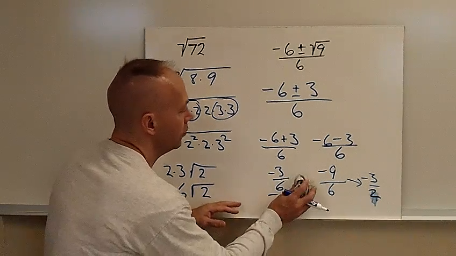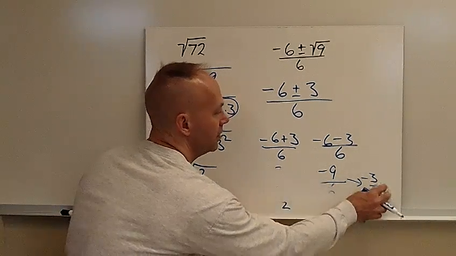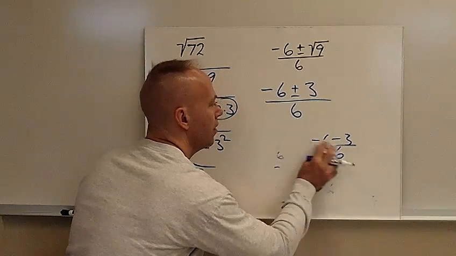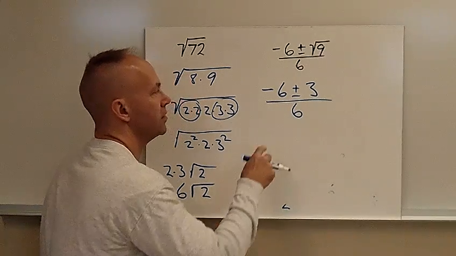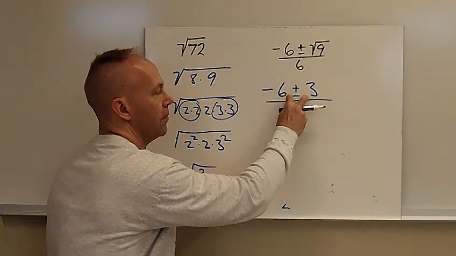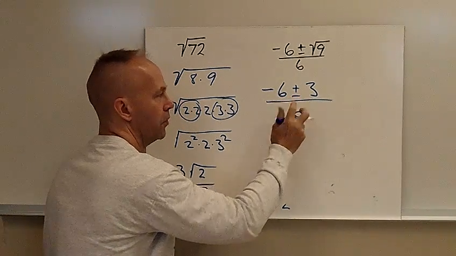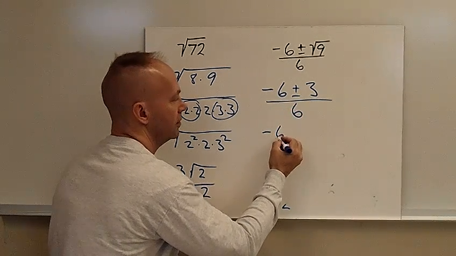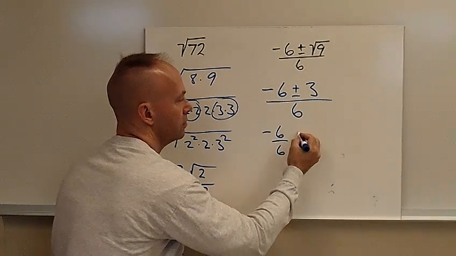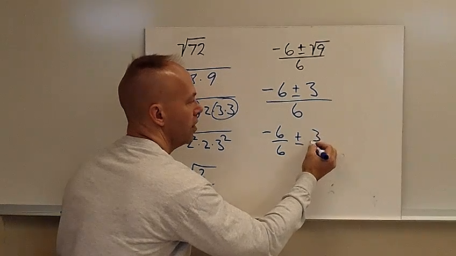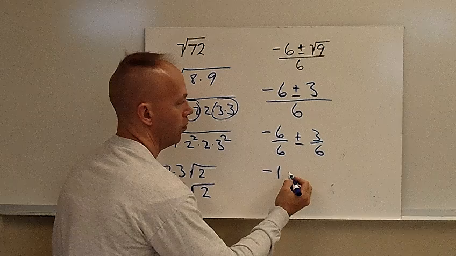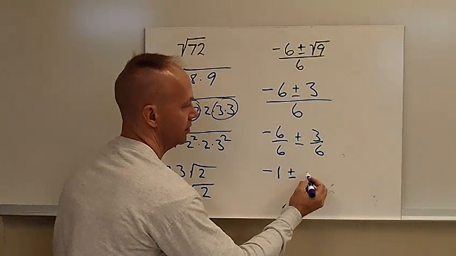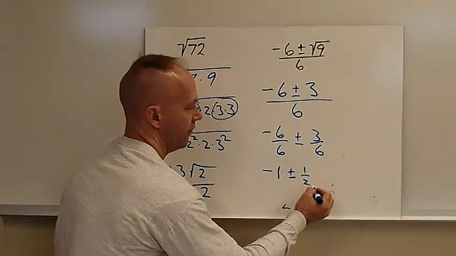Another way we can do this, which sometimes is handy, is to go ahead and split this up. If I've got a binomial over a monomial, I can split that up as -6 over 6 plus or minus 3 over 6. And I end up with -1 plus or minus 1/2.